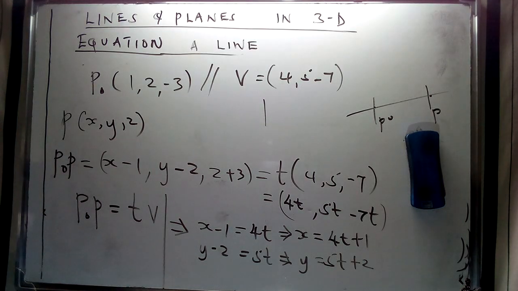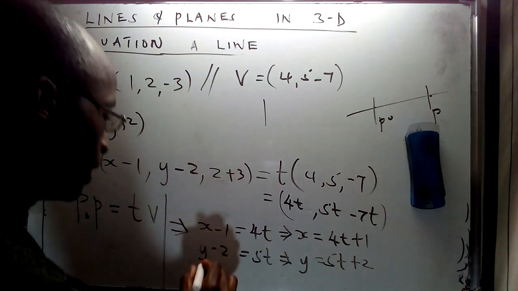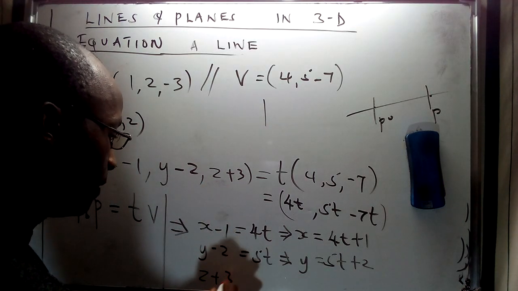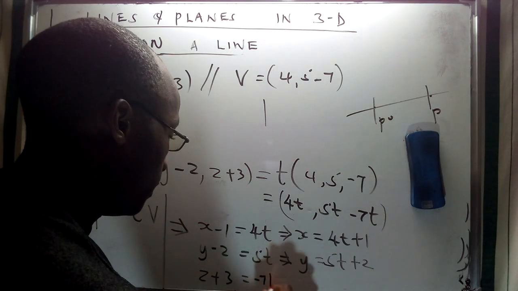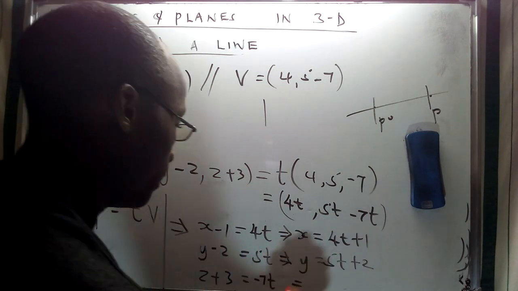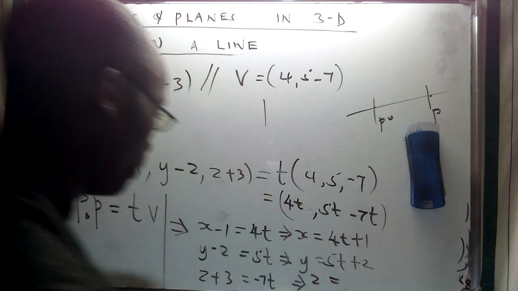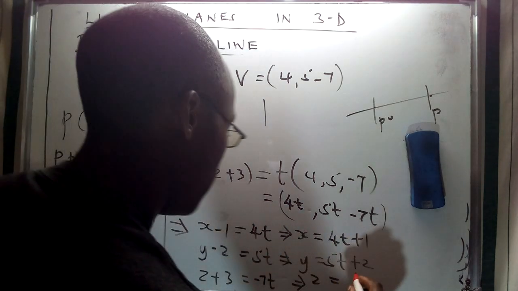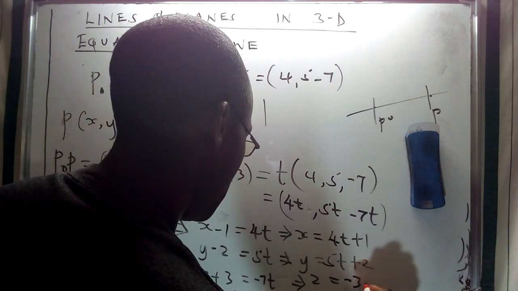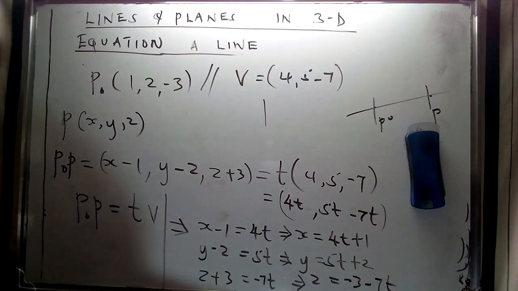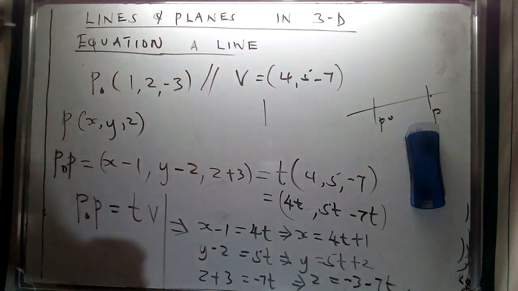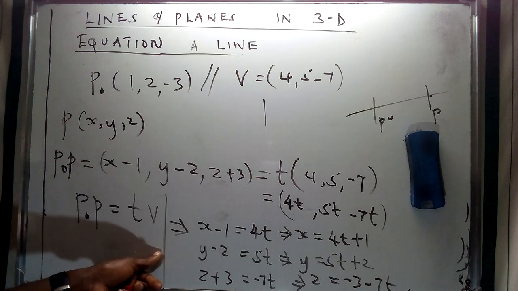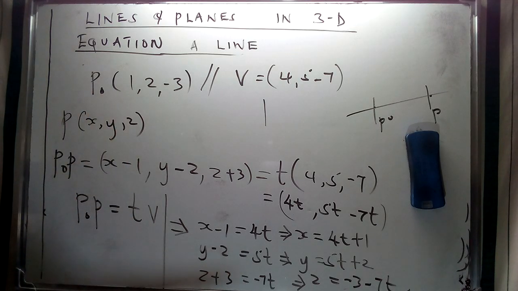And lastly, for z, we have z plus 3 equal to -7t, so z is equivalent to -3 minus 7t. So that's how we can obtain the parametric equations for the line we have been given using that specific example.